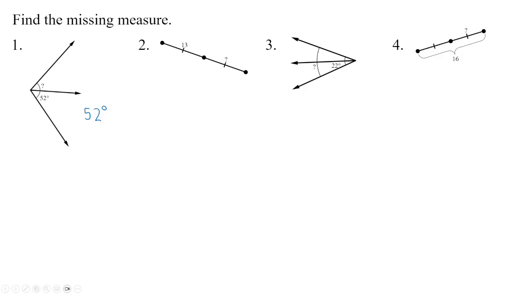On number 2, we have the line segment, and as you can see, each part of the line segment has a hash mark on it, meaning that those 2 line segments are congruent. So the point is the midpoint. Therefore, if one part is 13, that means the other part has to be 13.